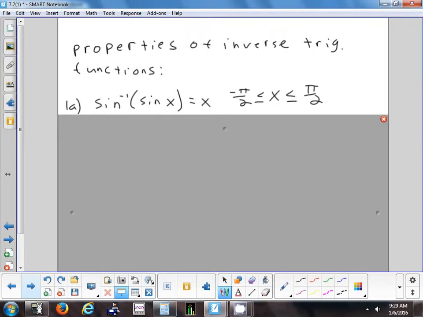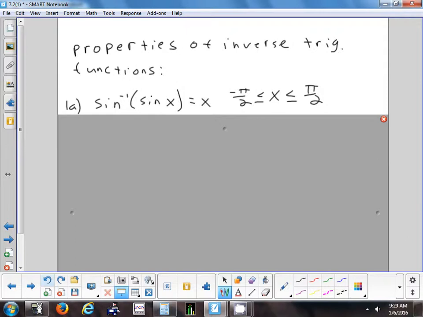All right, so these properties we're going to look at, we already kind of looked at them yesterday. What I'm saying here is if you do inverse sine and regular sine, type that in on a calculator, these two things cancel each other out. And the answer that you get is whatever is right there. We did that a lot yesterday.